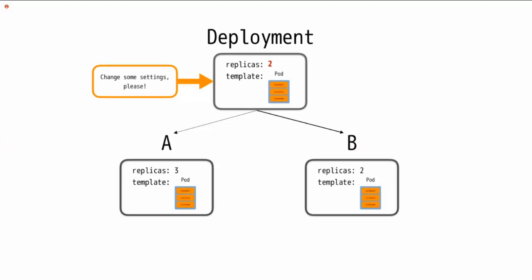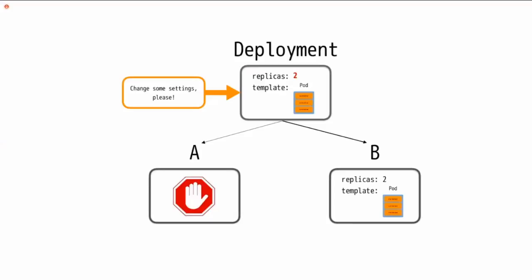You can see it in B, and once that is running, it will delete the older one. So it happens on the go without affecting your application. No downtime is required here.